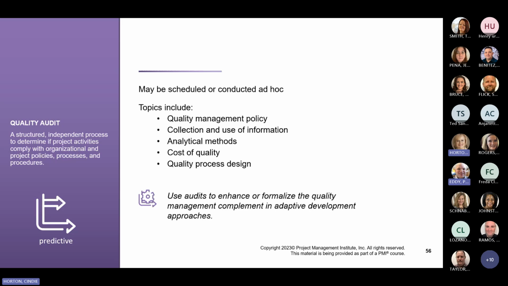An audit would be part of predictive and some hybrid development approaches, likely those with strict quality standards. Topics that could and should be audited include quality management policy, the collection and use of information, analytical methods, cost of quality, and quality process design.